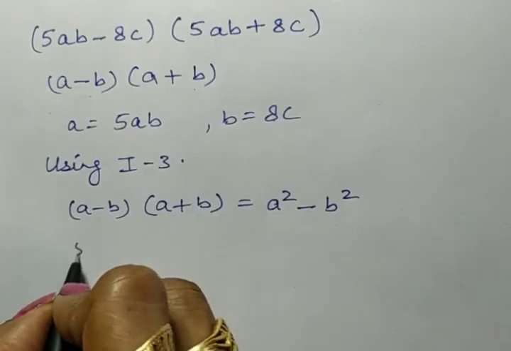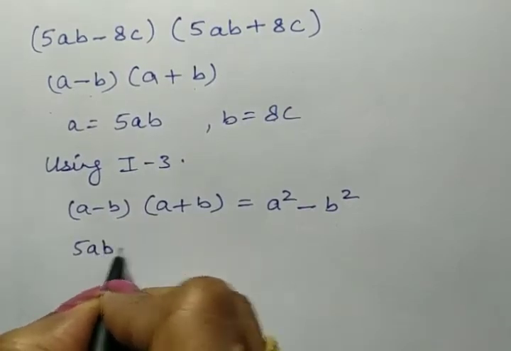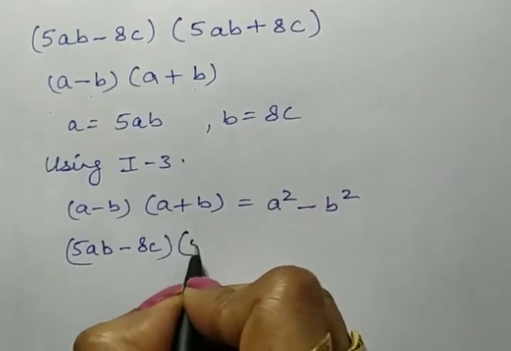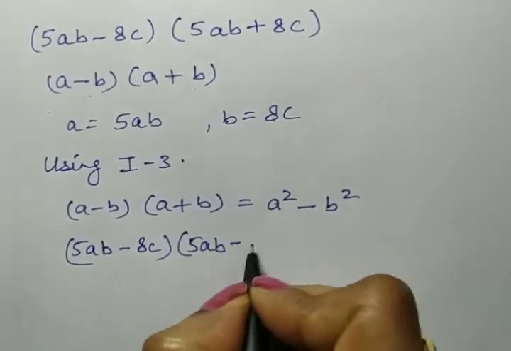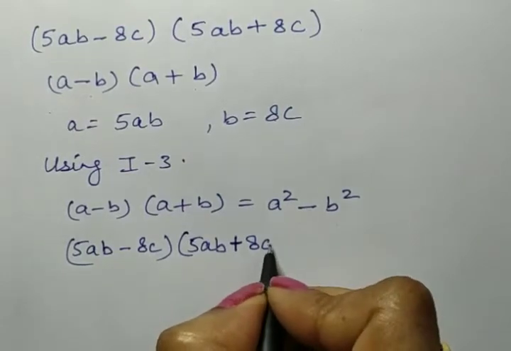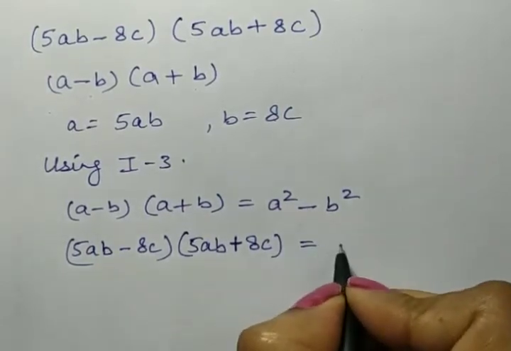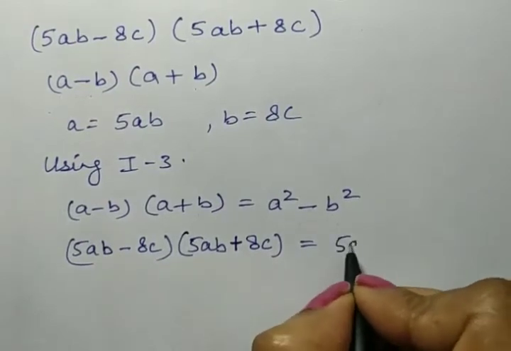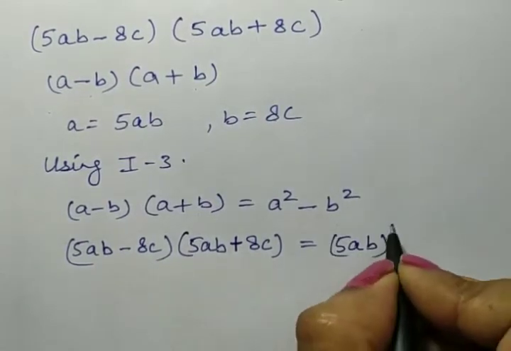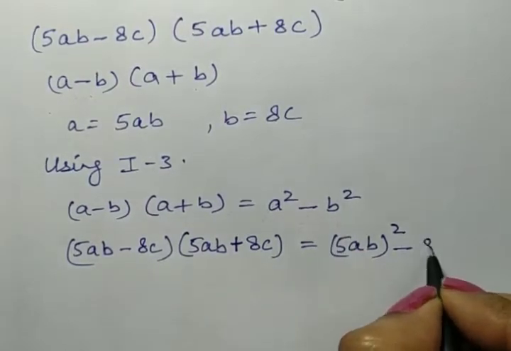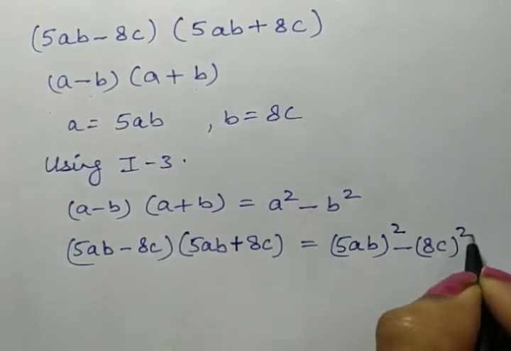Now put the values. (5ab - 8c) multiplied by (5ab + 8c) is equal to, put the value of a over here, that is (5ab) whole square, minus, put the value of b, that is (8c) whole square.